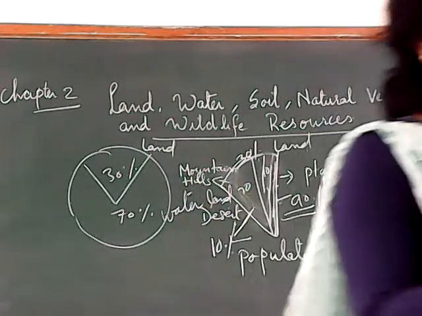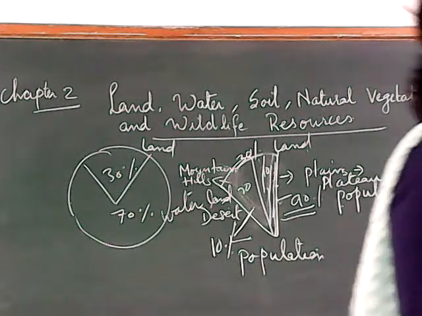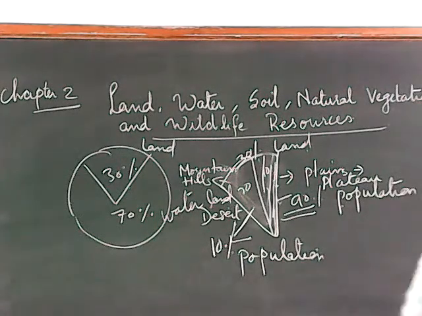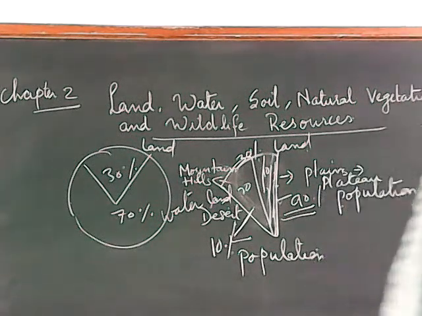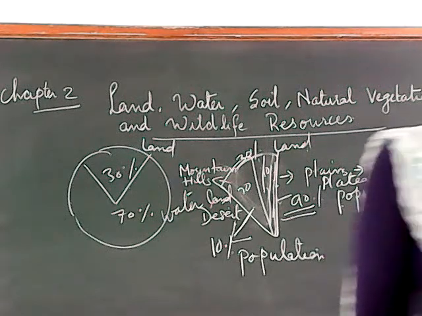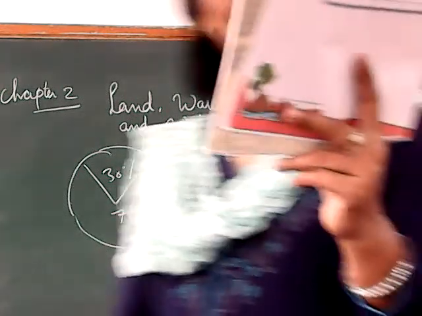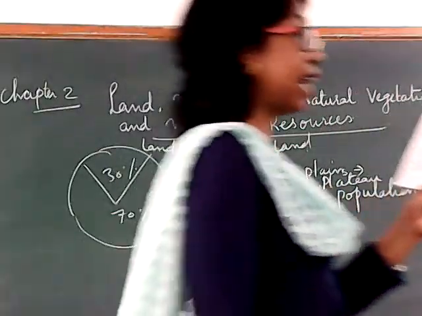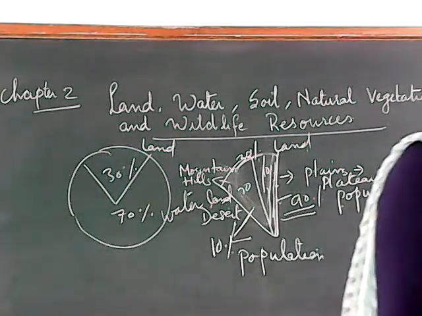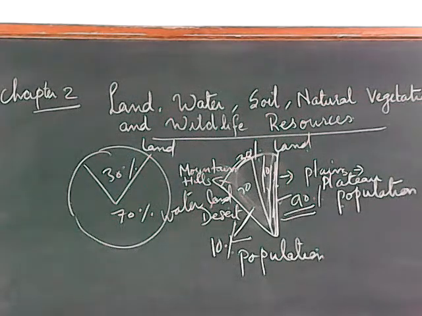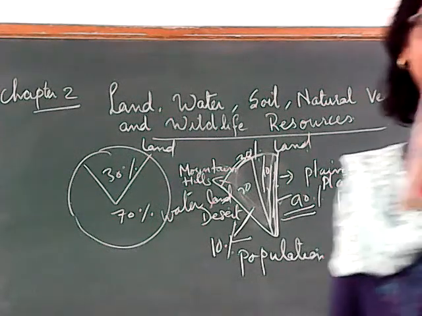So you can underline in the textbook: do you know this fact? 90% of the world population occupies only 30% of the land, and the remaining 70% of the land is either sparsely populated or uninhabited.